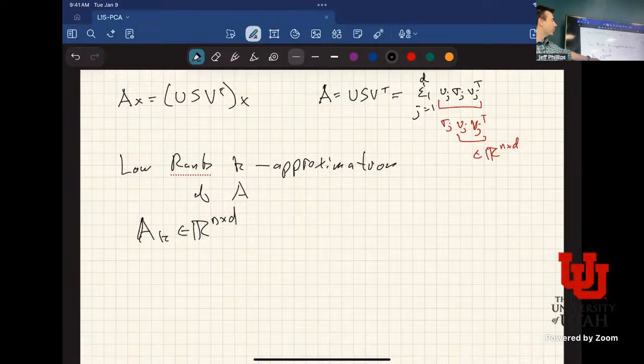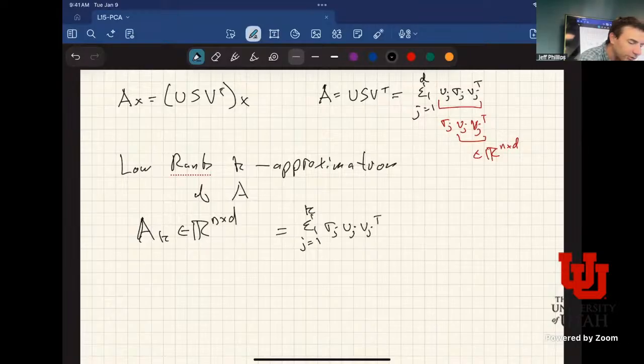This will be a low-rank approximation of the full matrix, lying in a k-dimensional subspace, and I can write this as the sum of j equals 1 up to k of sigma j u_j v_j transpose. So instead of summing up all the terms, I just sum up the first k of the terms.